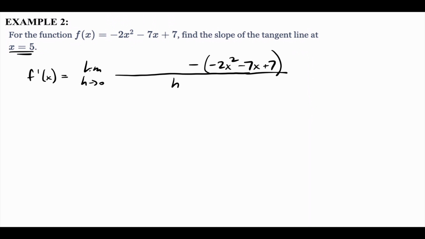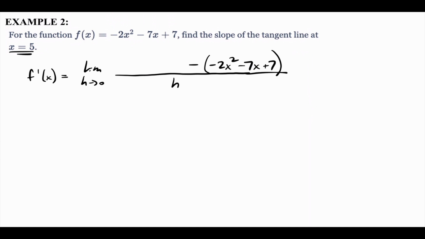F of x is just the equation, right? How do I find f of x plus h? I plug in x plus h everywhere I see an x. Where do I see an x?